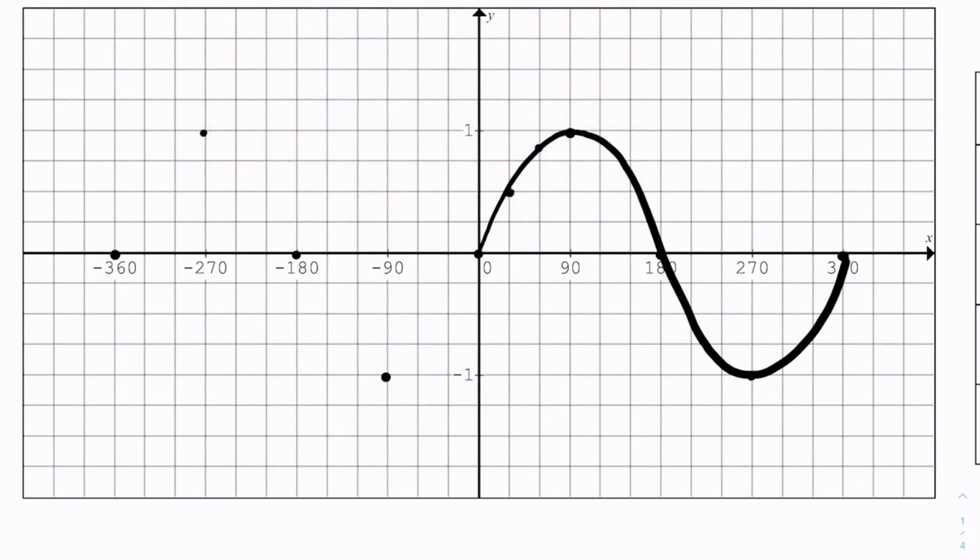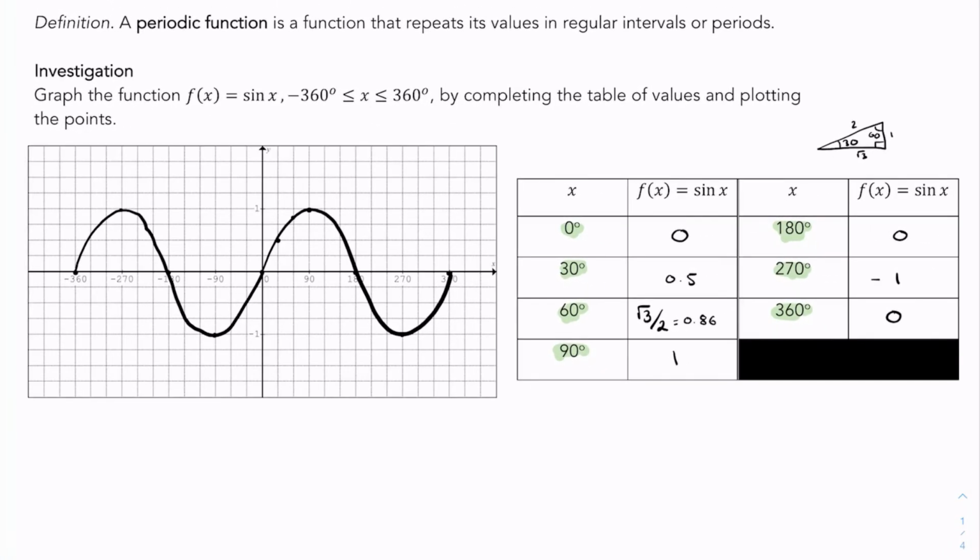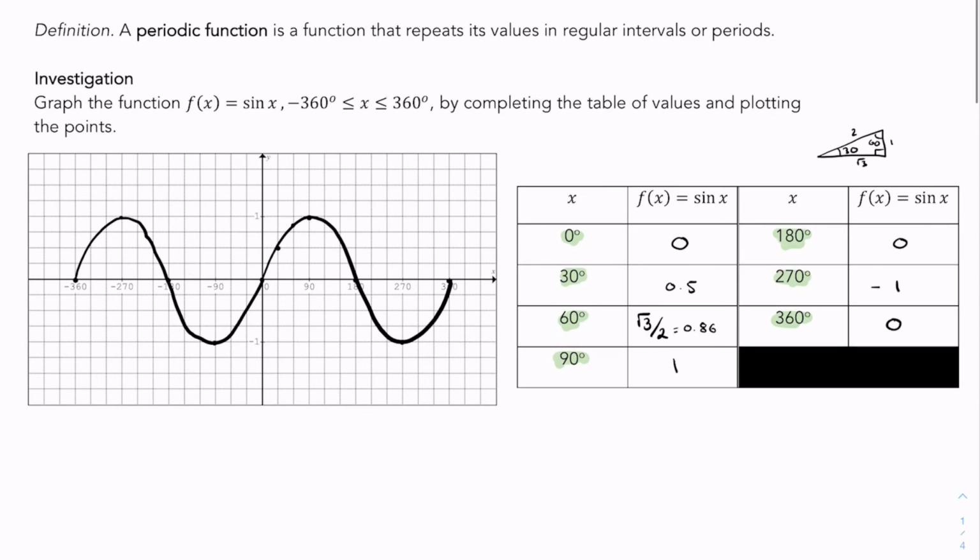Let's try with this one here. So down. Not good. Let me start from this end. Up. Down. A bit crooked, but that's fine. And there we go.